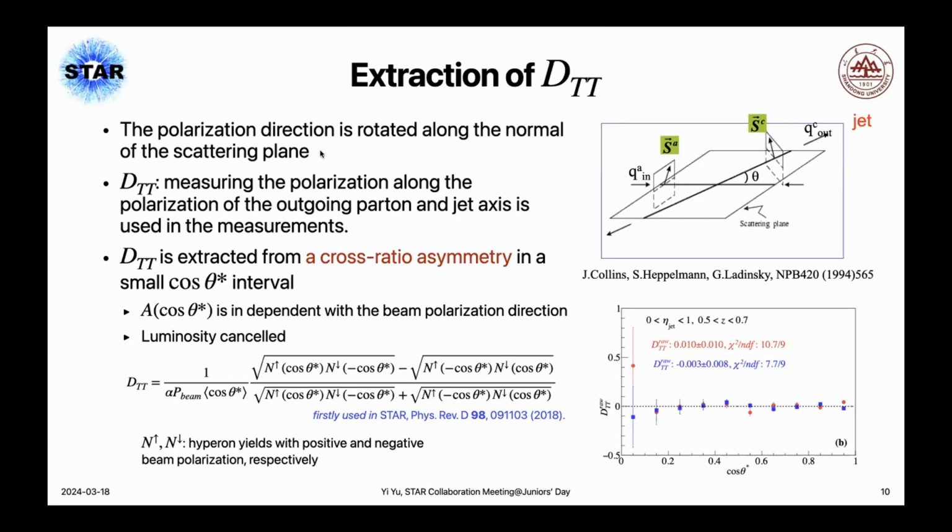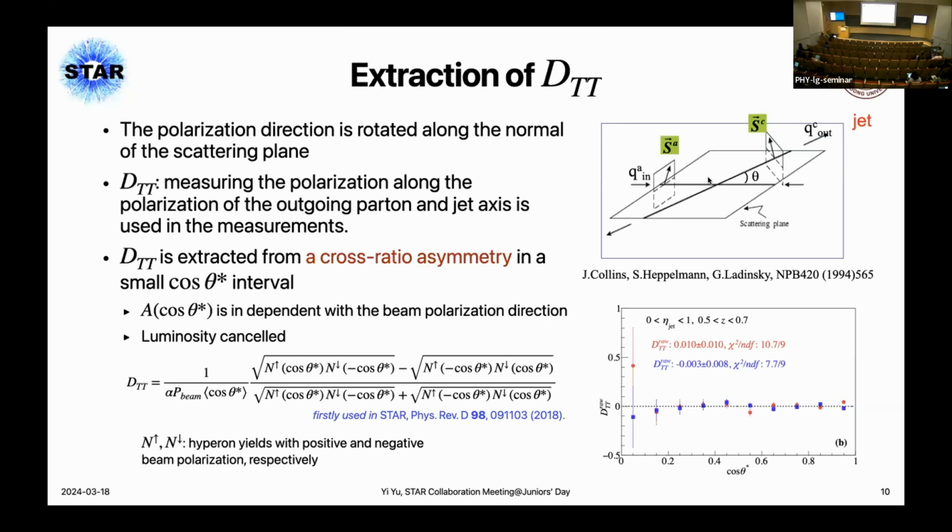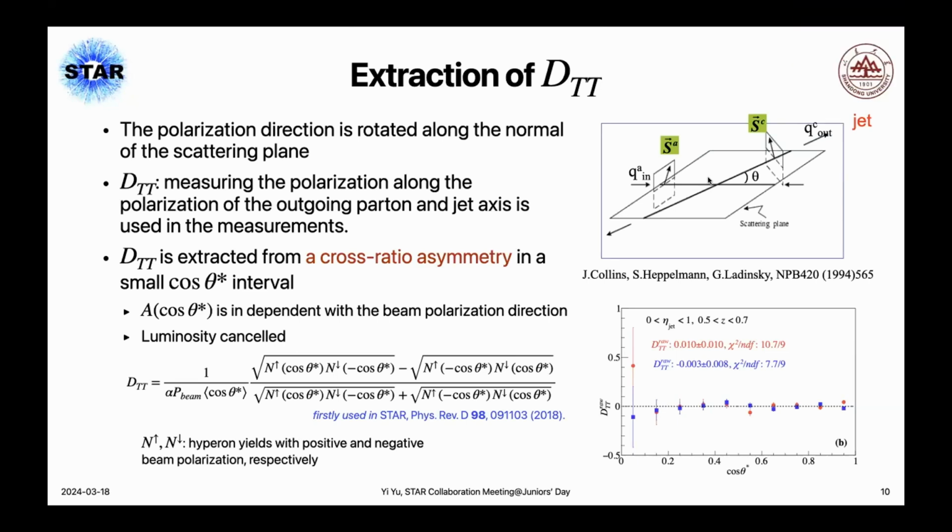For the DLL it is the longitudinal direction, but for the DTT, the direction is shown in the right cartoon: in the partonic scattering, the polarization direction of the scattering parton is rotated along the normal direction of the scattering plane.